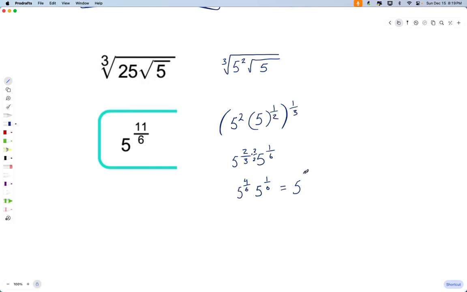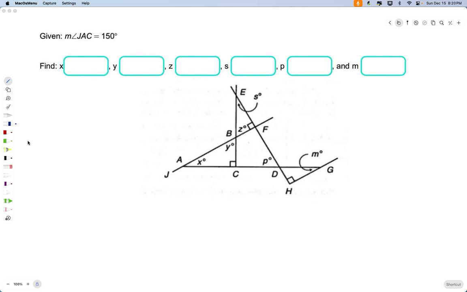Okay, this is one that everybody kind of struggled with. This is a logic problem, right? There is no hard math in here at all. It just looks hard. We start with the measure of angle JAC. You've got to find JAC. That's right here. JAC is 150.